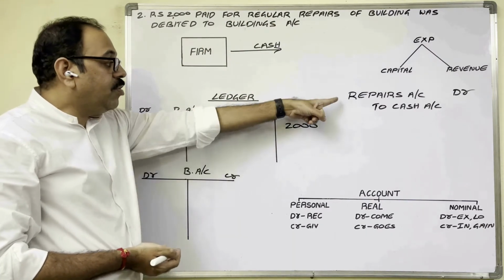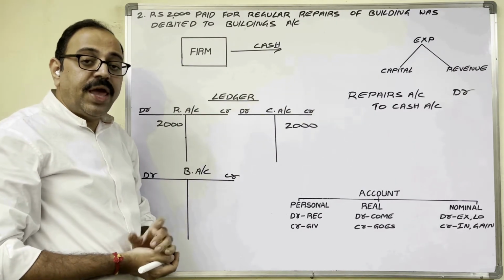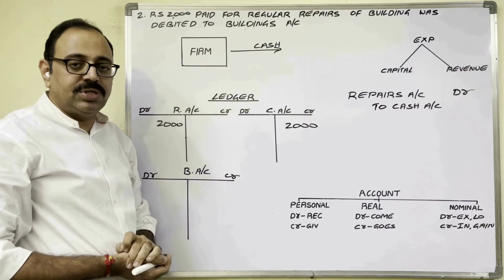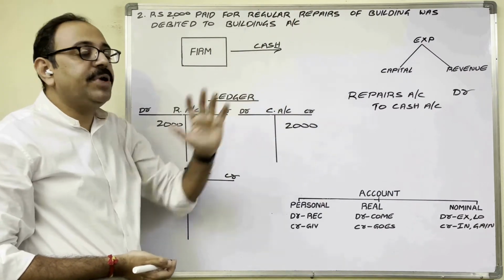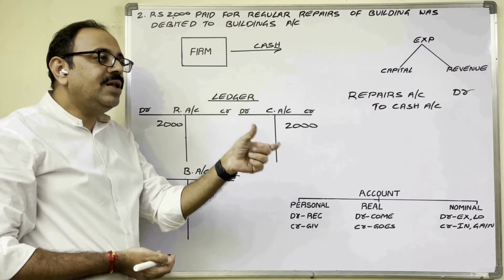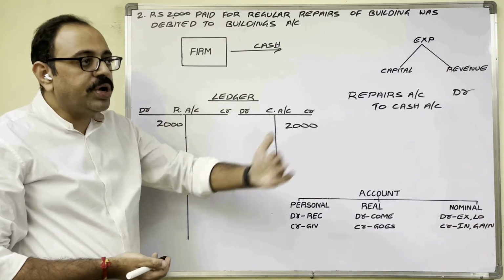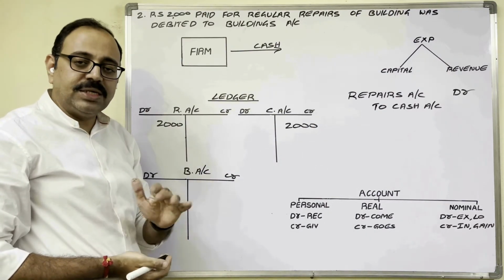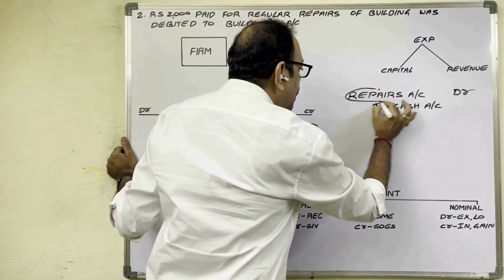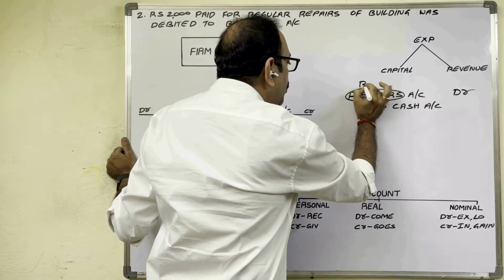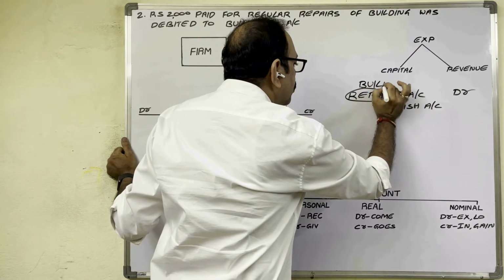Therefore, repair account is to be debited. But the accountant debited buildings account. It means he thought that this repair expenditure is a capital expenditure. So building related expenditure, therefore we should show in building account only. That is his analysis. Then instead of debiting repairs account, the accountant debited buildings account.